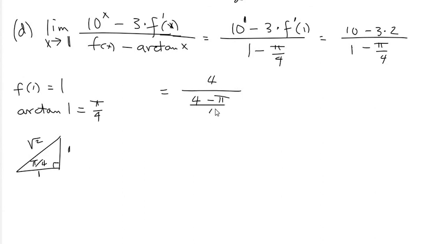So when we flip that bottom fraction over, we get 16 over 4 minus pi as our final answer there. And again, I'm working this out without using a calculator, but you won't be forced to do anything like that on this year's questions.